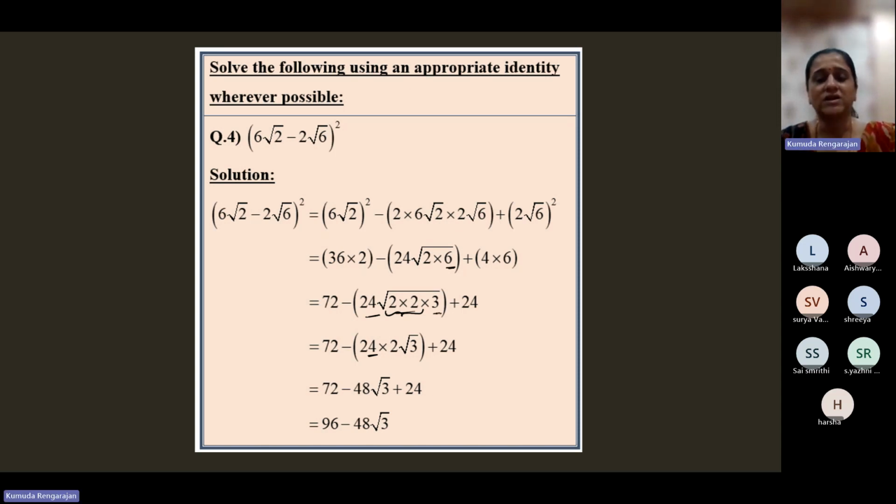And this 3 remains under the square root. There's only 1 3, it doesn't have a pair. So this gives us 48 root 3. And 72 plus 24 is 96 minus 48 root 3. You cannot simplify this further, right?